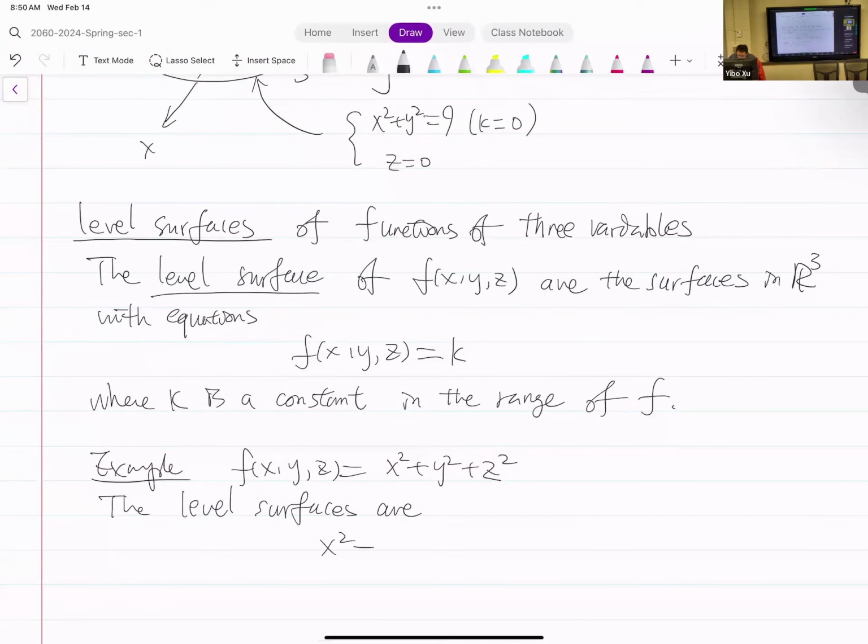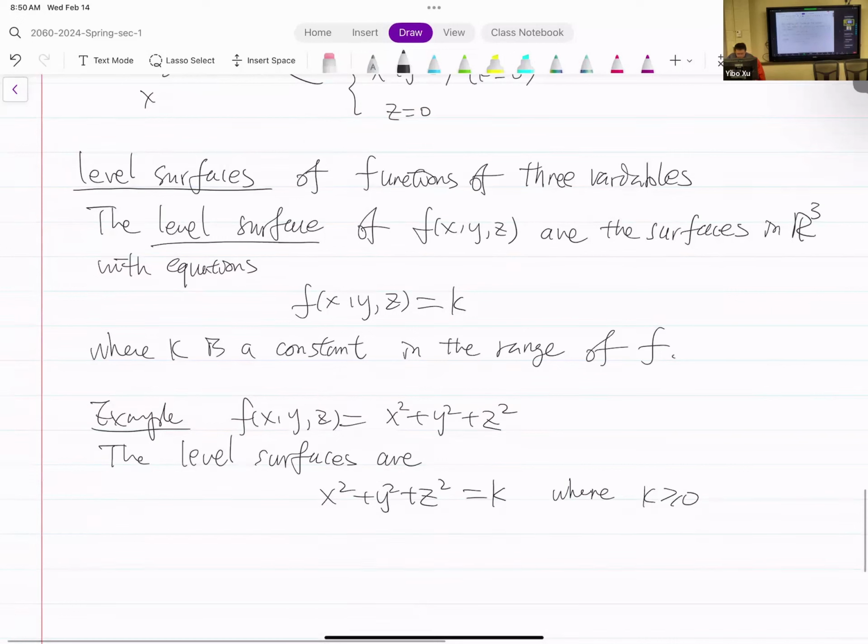For whatever constant k as the output, we just fix the output of the function as k. And what do we know? Since we have a sum of squares, the range of the function is all non-negative numbers, right? So here the level k has to be non-negative.